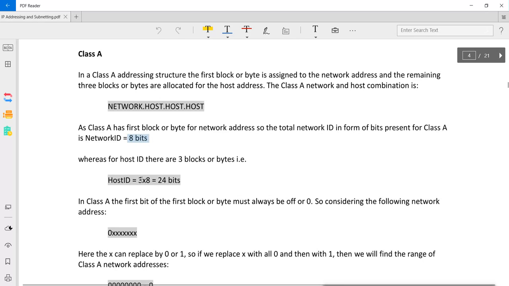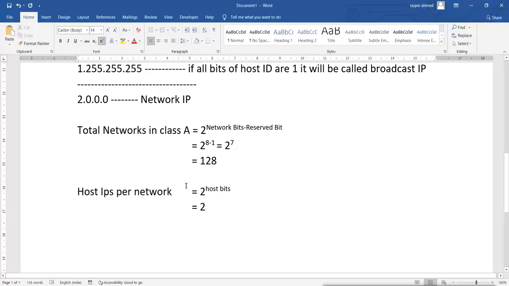So the remaining part is the host part. These 3 parts mean 8 bits, 8 bits, 8 bits, 3 times, and you have 24 bits. So the total number of host bits we have is 24. So you will do 2 raised to 24.